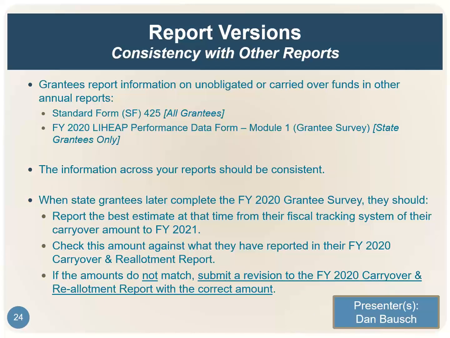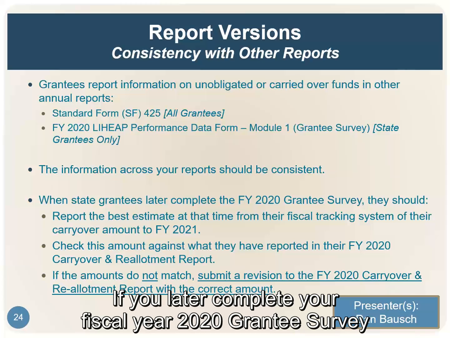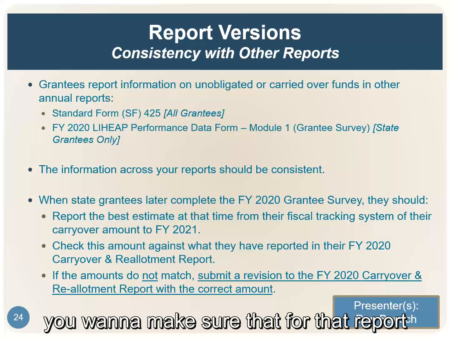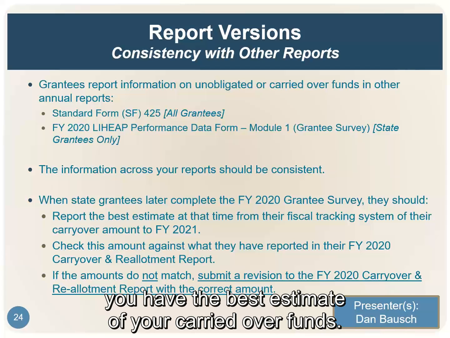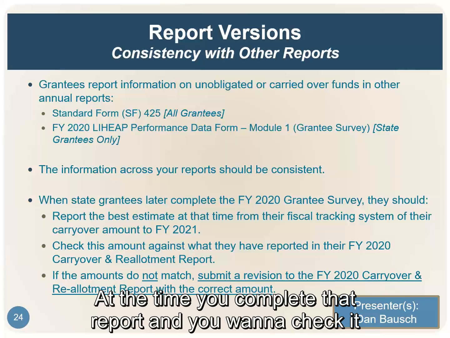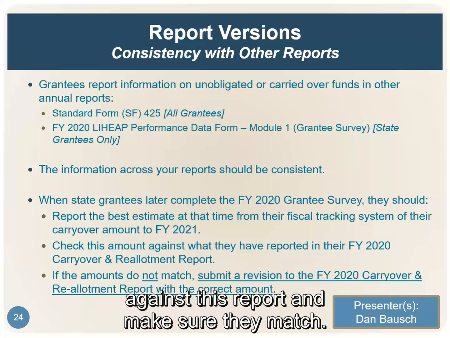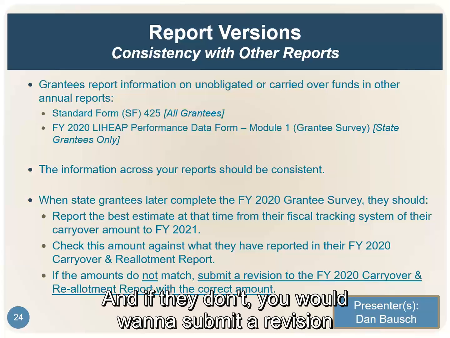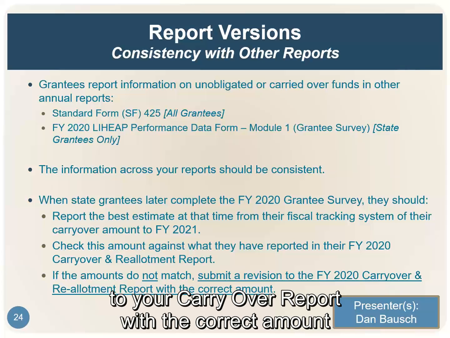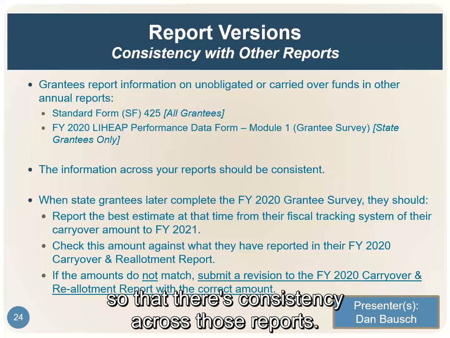So if you later complete your fiscal year 2020 grantee survey, you want to make sure that for that report, you have the best estimate of your carried over funds at the time you complete that report. And you want to check it against this report and make sure they match. And if they don't, you would want to submit a revision to your carryover report with the correct amount so that there's consistency across those reports.